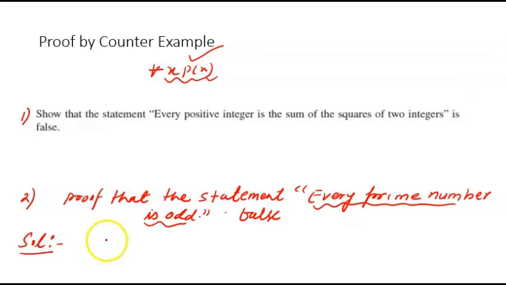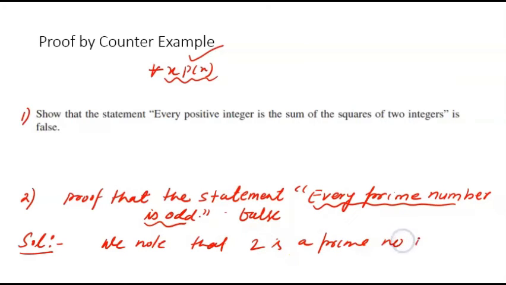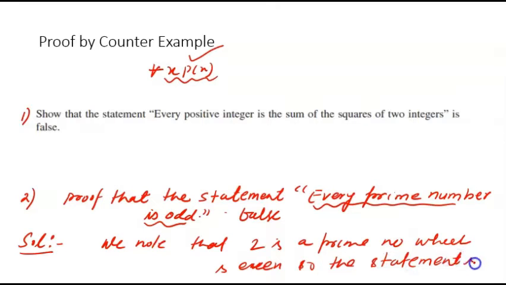I will write that we note that 2 is a prime number which is even, right? So the statement is false. Now I have not done anything. I have just given one example which is confirming that this statement is false, right?